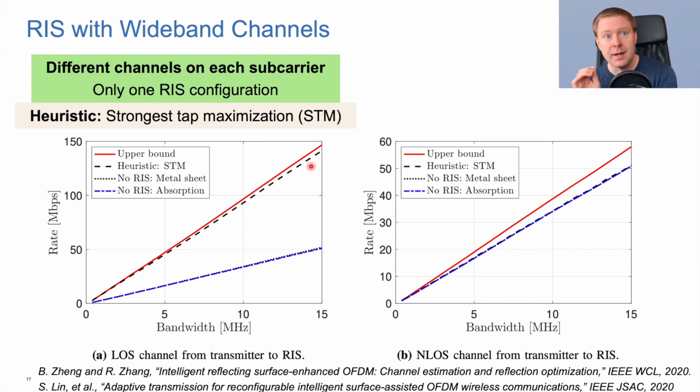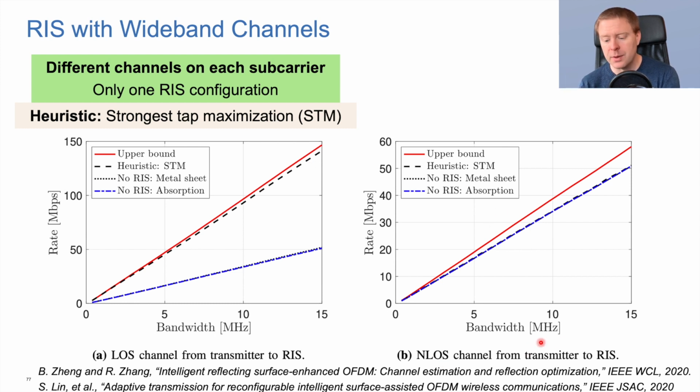So when I have a line of sight channel to and from the surface, I can configure it very well, even in wideband channels. And the intuition is that we are really utilizing that strong line of sight path. That is the one we are amplifying with our RS. And then there are other scattered paths that are much weaker; we essentially ignore them. They get amplified in the way they get, and we focus on the strongest path.